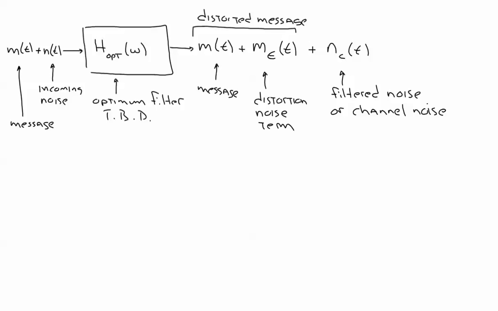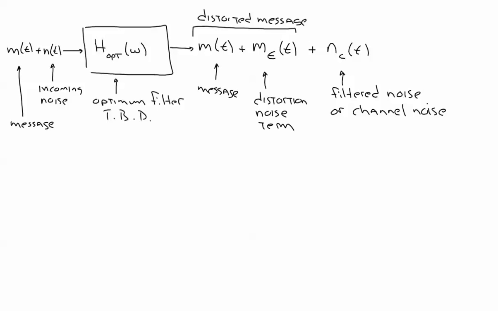So we're assuming that my distortion noise term adds to my filtered or channel noise term. So I'm going to look at each of those noise terms individually, look at their noise powers, and then add them up.